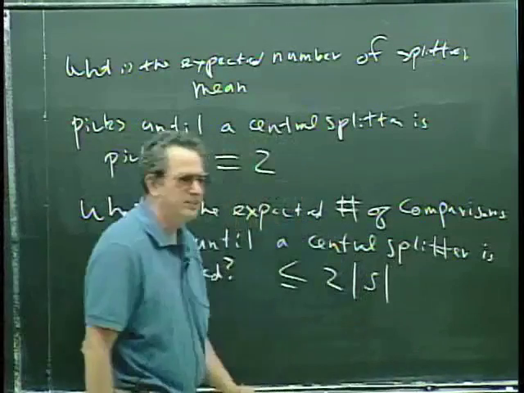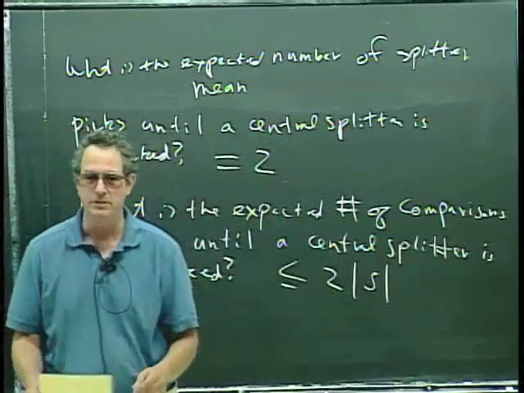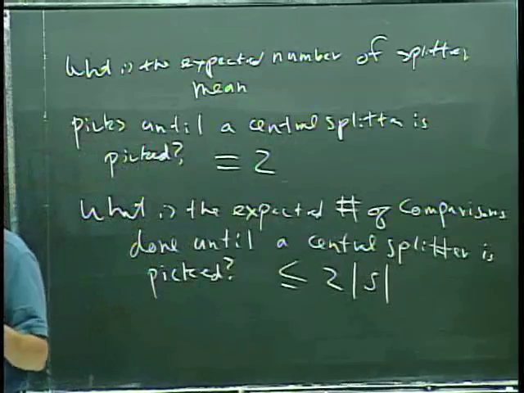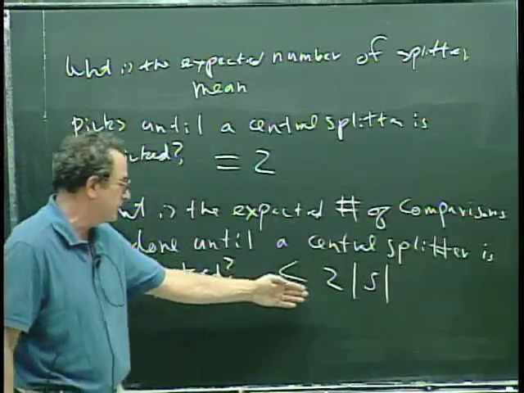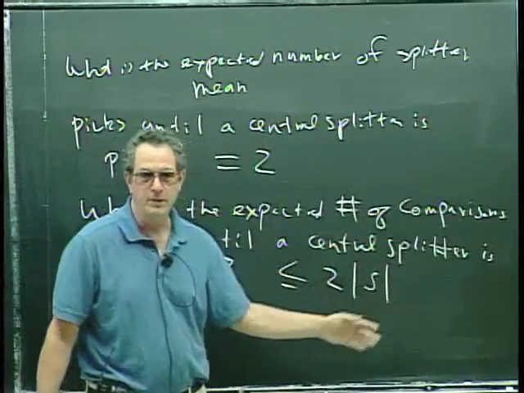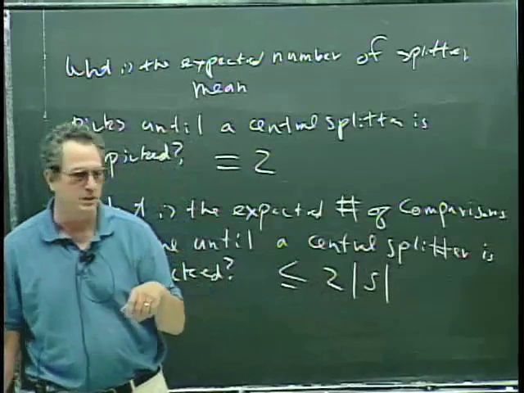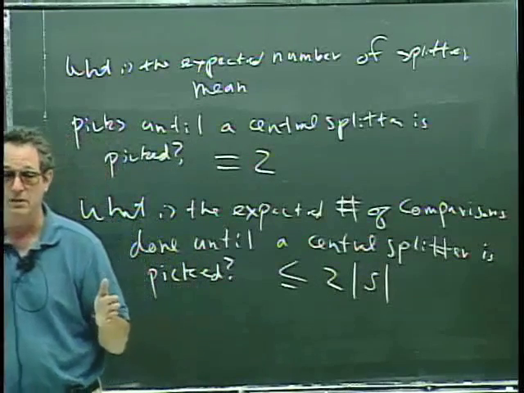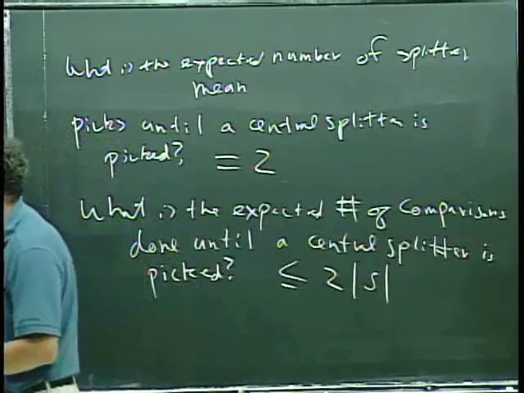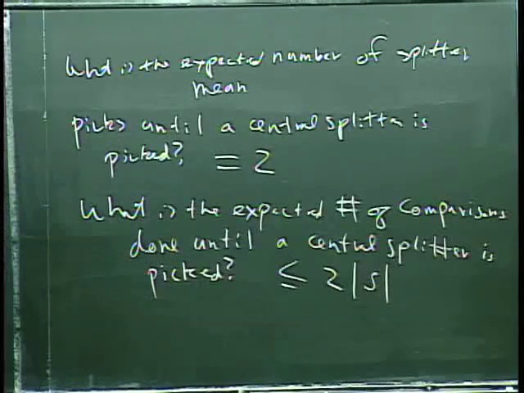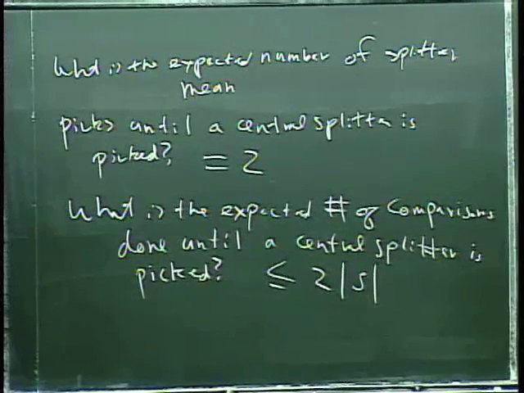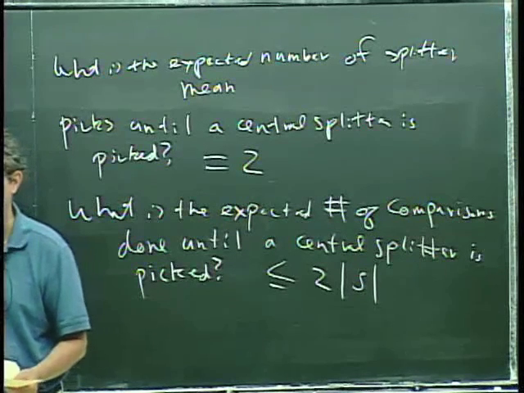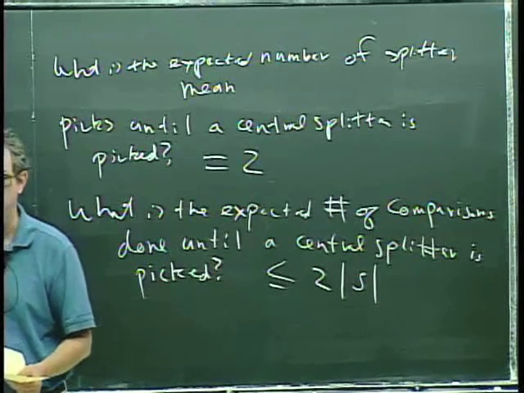The reason I say it's a tricky question is that this is the right answer when you first think of it, but then you might see there's a little bit of a refinement. If you pick a splitter and it's not central, it still gets rid of some elements in S. So the next time you pick a splitter, your set is less than S, so you're actually doing fewer comparisons the second time.